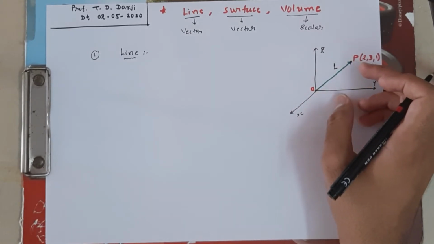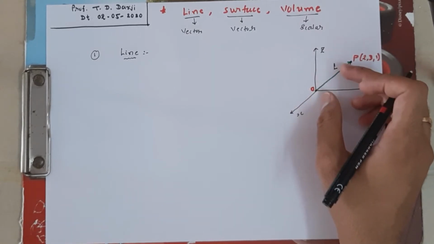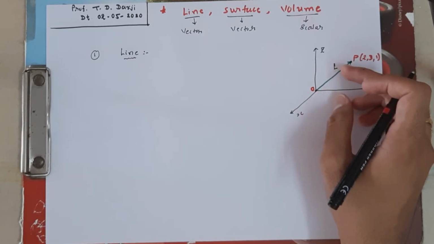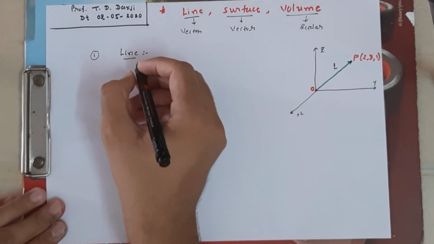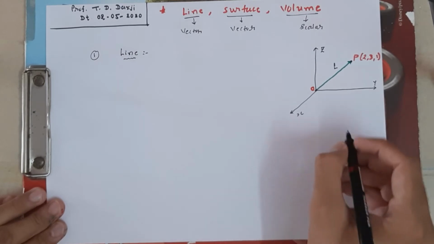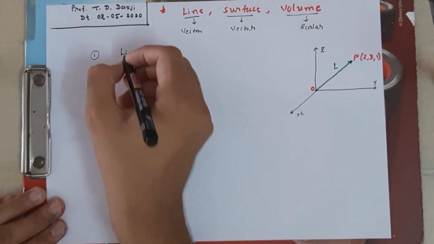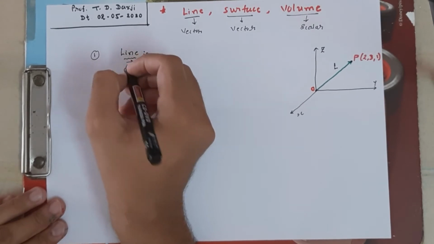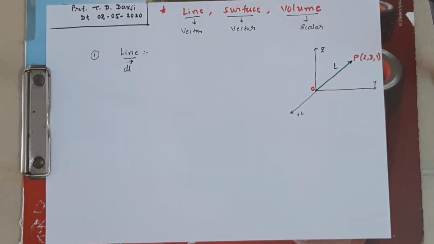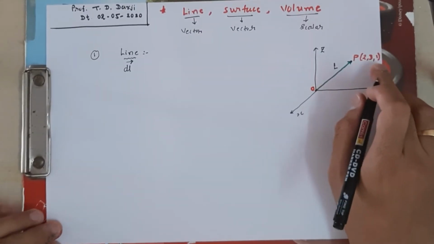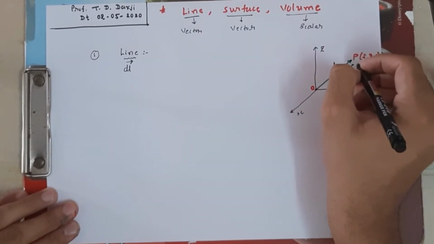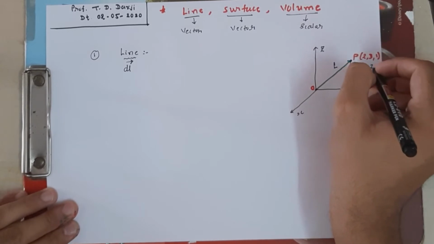But I am not interested in this whole length. I am interested in the differential length of the line. The differential length is known as dl, and as the line is a vector quantity, dl is also a vector quantity. Suppose instead of 2, 3, and 1, the point P is x, y, and z.